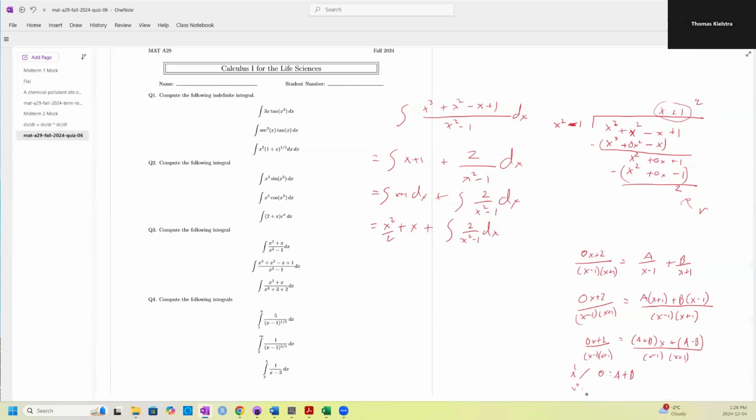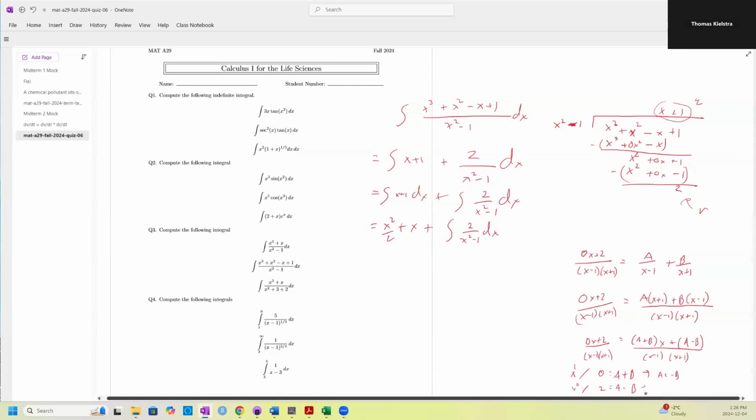The x to the 0 term gives me 2 equals a minus b. Well, this implies that a equals minus b. So this implies that 2 equals minus 2b, which implies b equals minus 1, which implies that a equals 1.